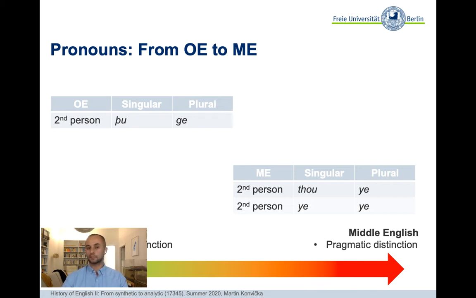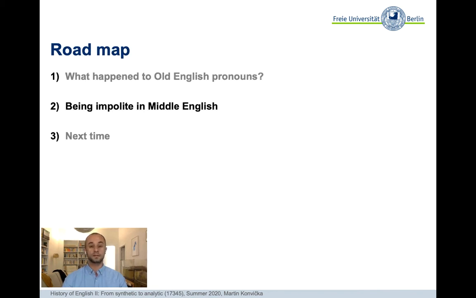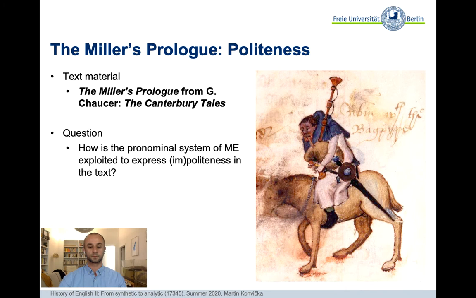If you can do that, you can actually also do the opposite, and by using the wrong pronoun, you can also express impoliteness. Right. And this is what we are going to have a look at right now. How to be impolite in Middle English.